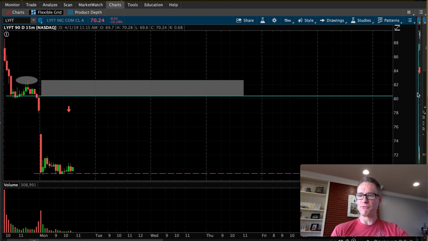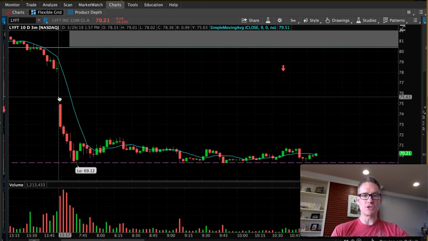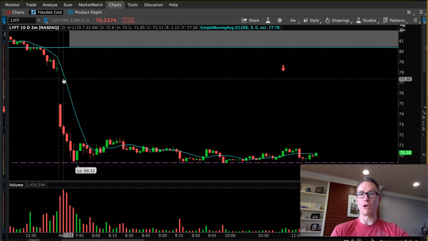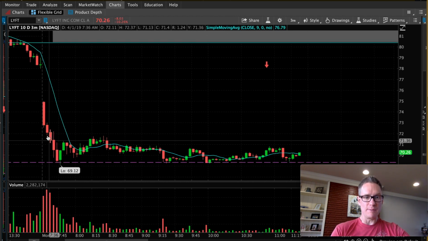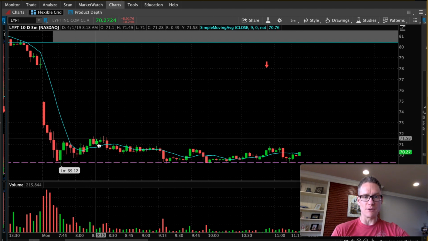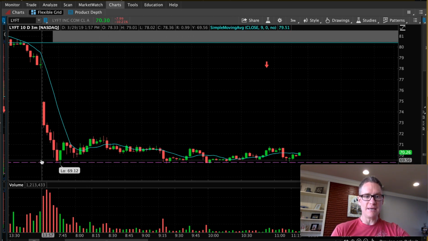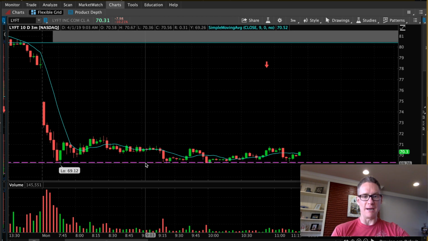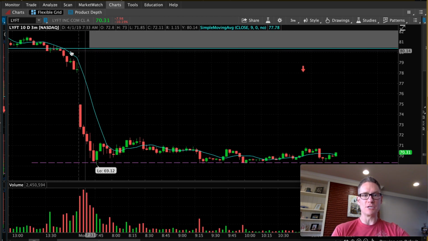So now I'm going to flip over to my 3-minute chart, and I'm going to start watching LYFT on a smaller or faster time frame. So you can see today we bounced off this level, and now we're rolling around here. This level, this dashed purple line, is similar to this blue line.